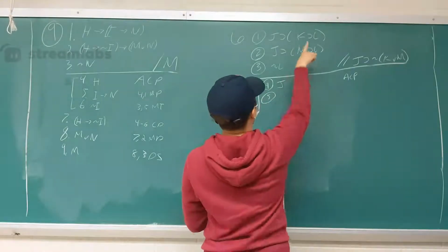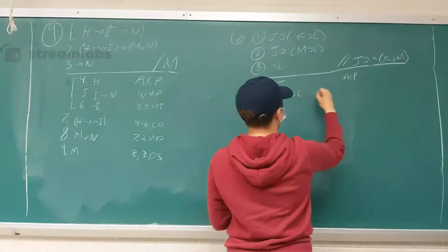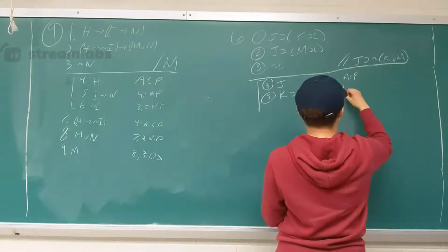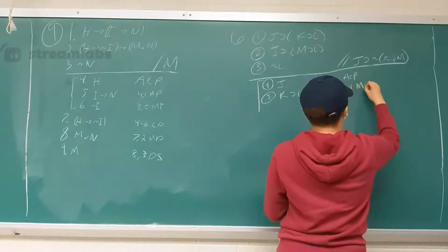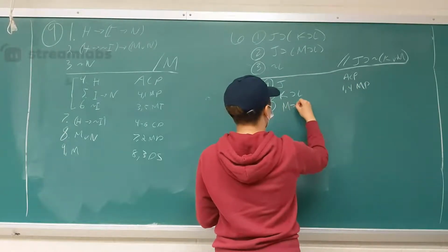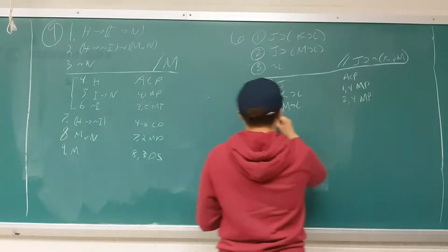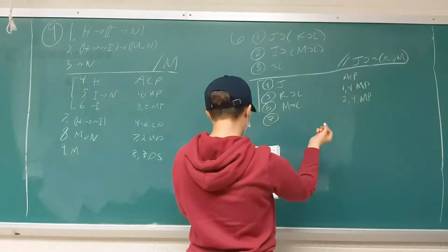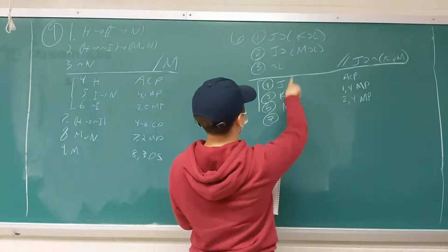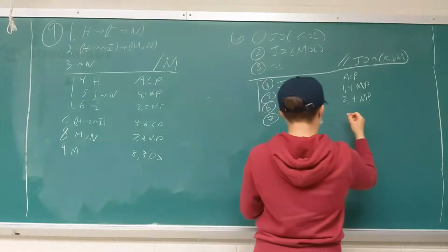Assume J, you can get both of these with those points. You can get not K and not M because 3 says not L. Cool. Great.